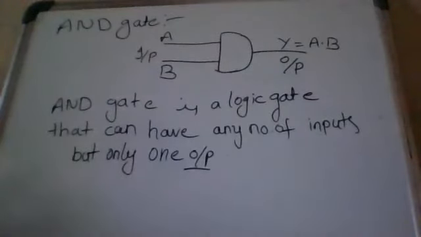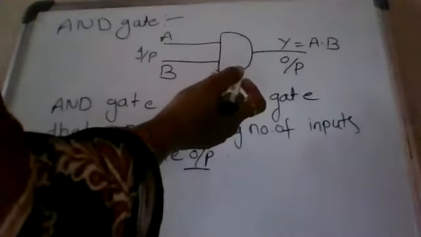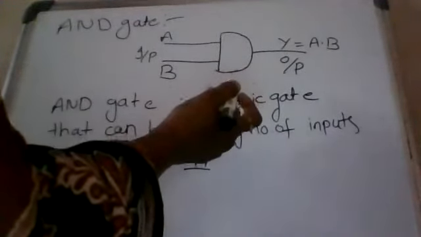So the operation of AND logic gate is called AND multiplication.